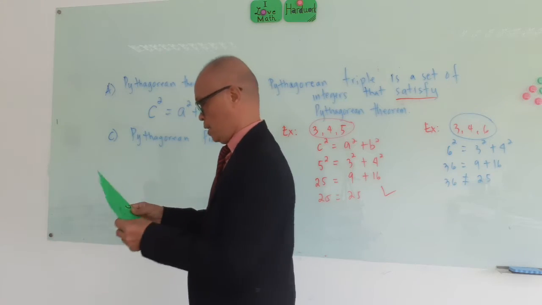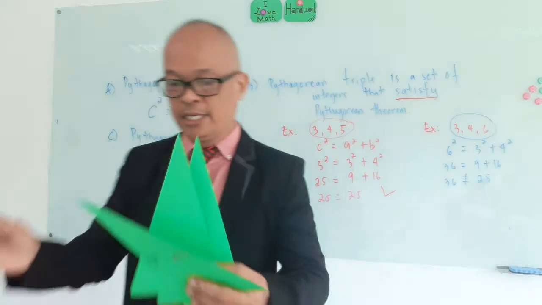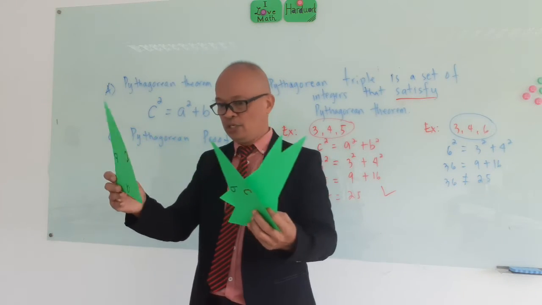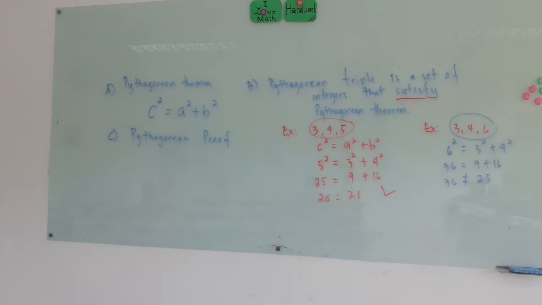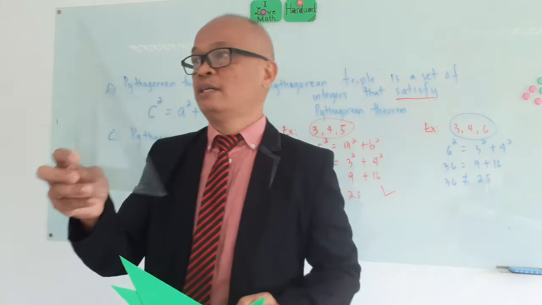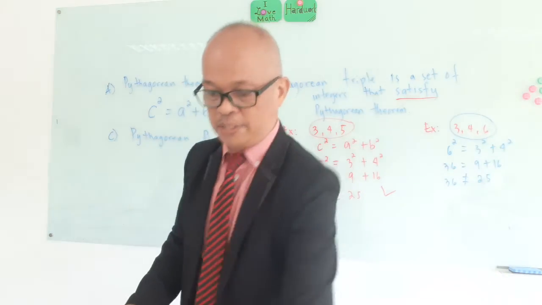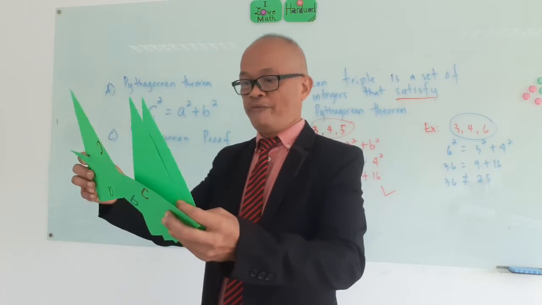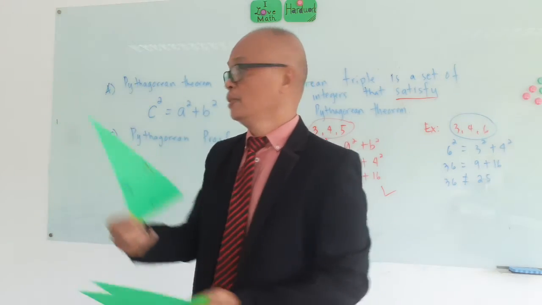Okay, in this way, I have here a cut of a triangle. These are right angle triangles. I use this plastic triangular measurement, so definitely this is a right angle triangle.